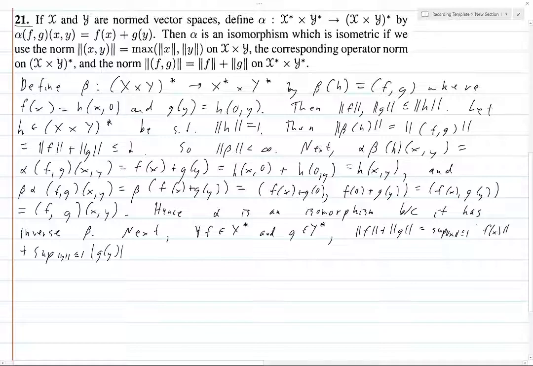Because this puts us into the scalar field, and in the scalar field we use norms.